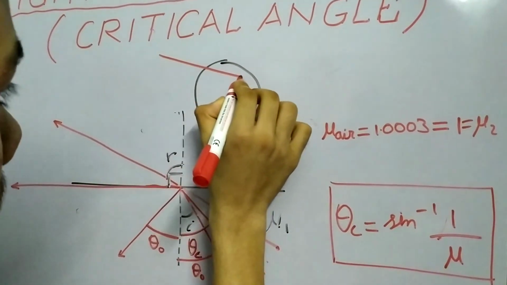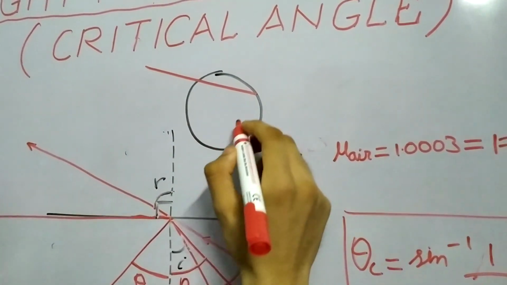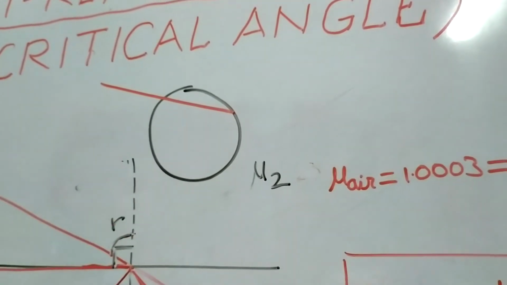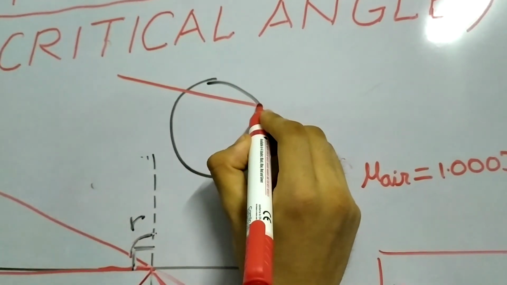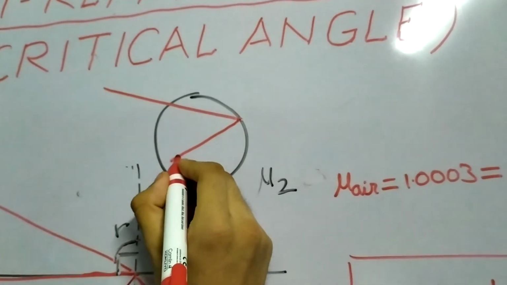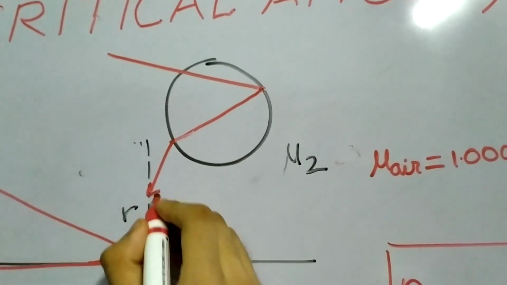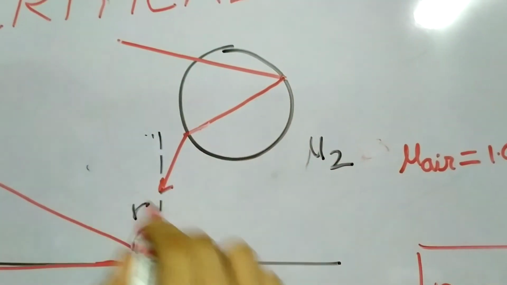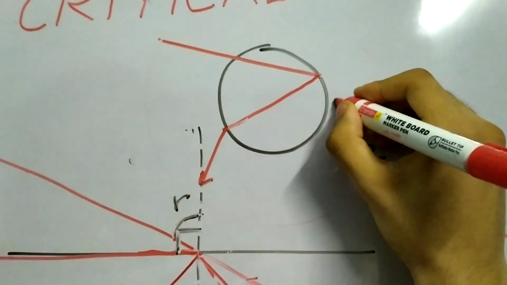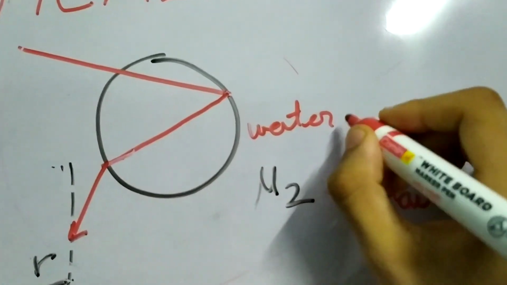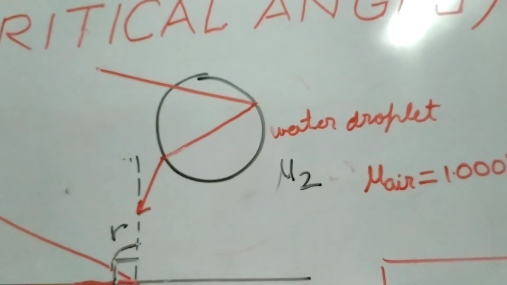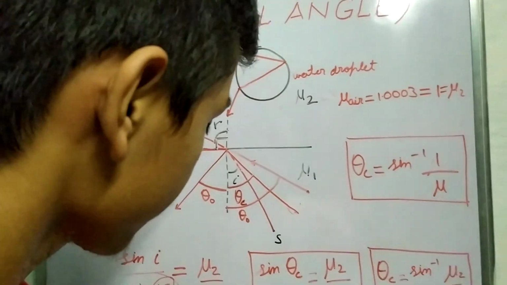What happens is light comes, it bends a little, of course, and it gets totally internally reflected, and then it bends at the surface. So that's a very basic introduction to how rainbows form and how we see rainbows.